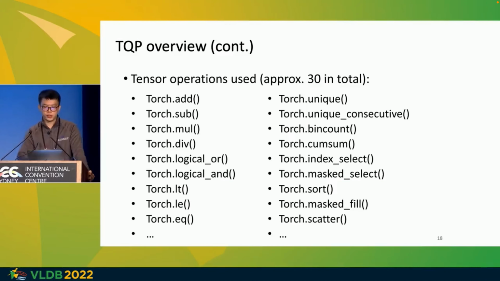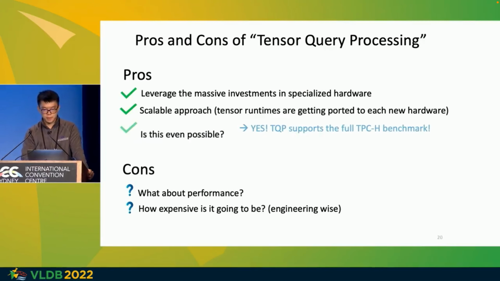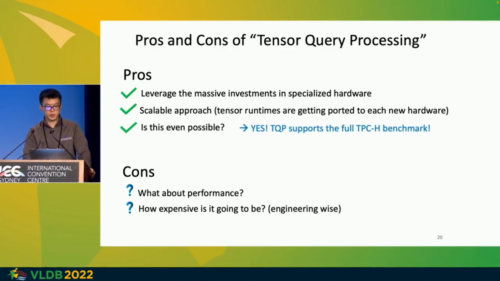The common tensor operations used in TQP are shown here. There are simple ones like addition, subtraction, and also complex ones like unique, bin count, and scatter. Now we can answer this question positively because TQP supports the full TPC-H benchmark.